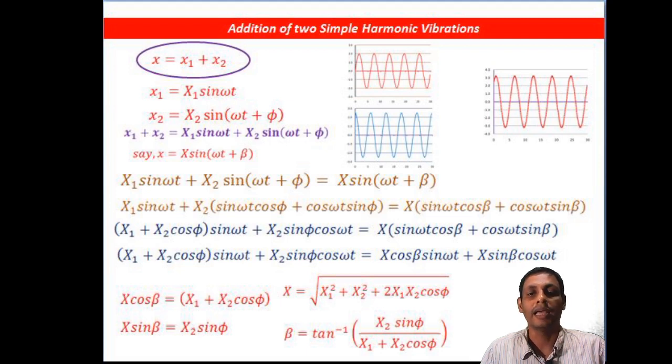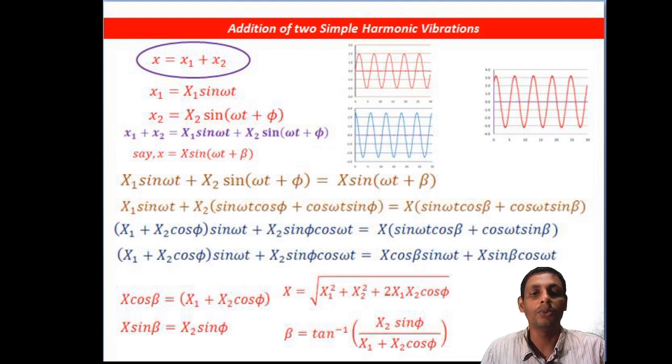So that means X cos beta is exactly equal to X1 plus X2 cos phi, and here X sin beta, which is the coefficient of cos omega t, is equal to X2 sin phi. That means X sin beta equals X2 sin phi.